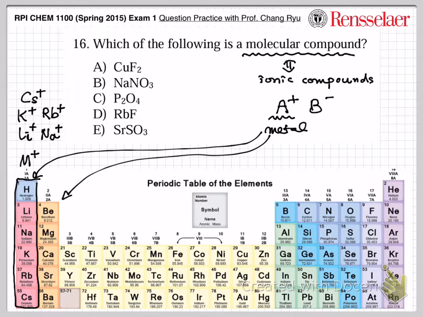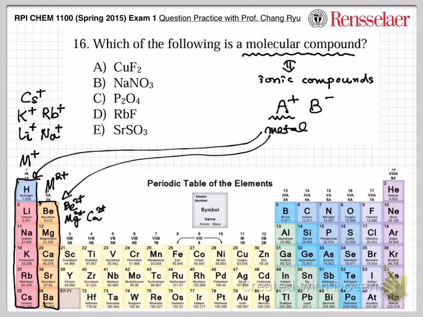And the second column, they always prefer to remove 2 electrons, so alkaline earth metal. The more common ones are beryllium 2 plus, magnesium 2 plus, and calcium 2 plus, and so on. So this is always the metal.